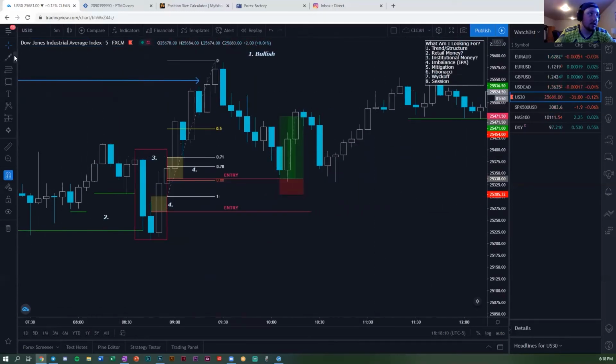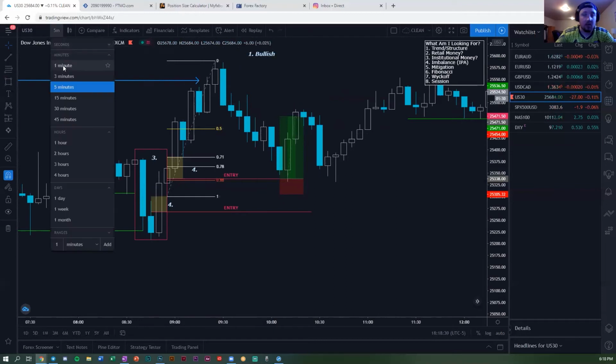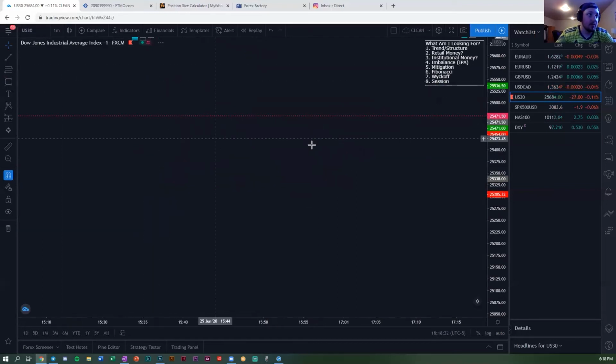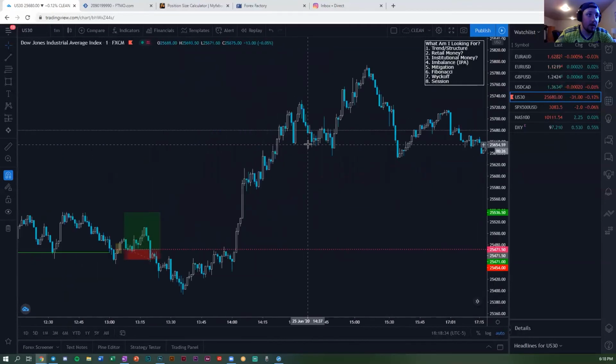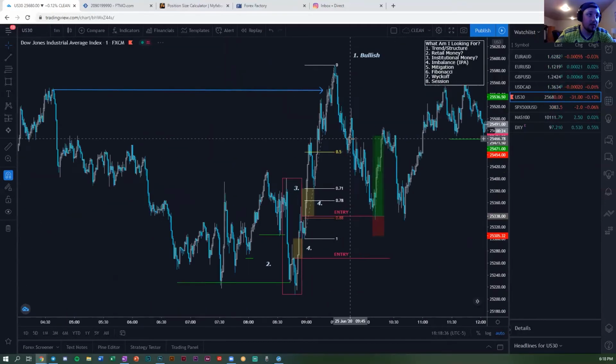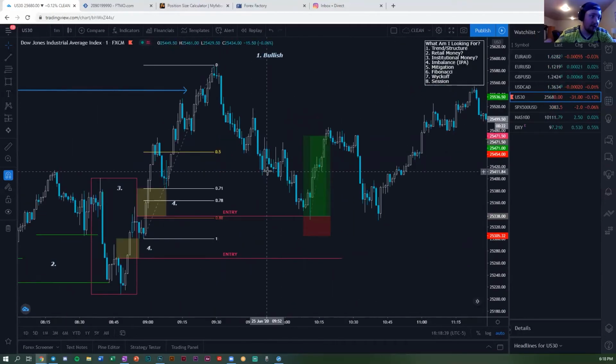So mitigation for this move would be at this area. So mitigation for this would be at this area right here, right off the top of that candle. So I will delete that because it's kind of getting a little confusing, but mitigation right off the top of that candle. So what mitigation is basically, in a small sense, is where will the market go when it has to fill in those orders to suffice and fill in those empty orders and fill in the price action.